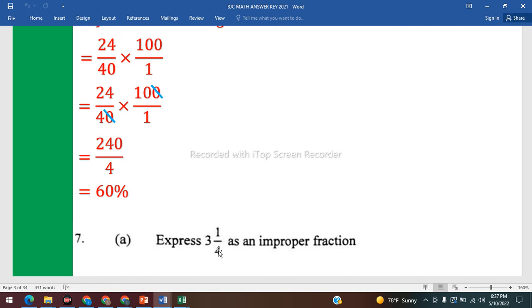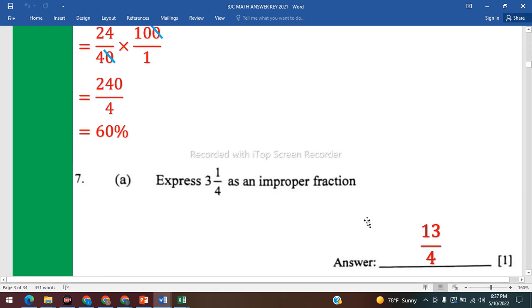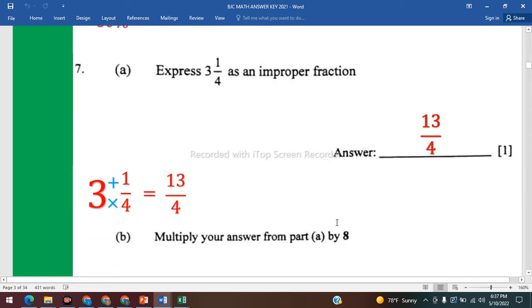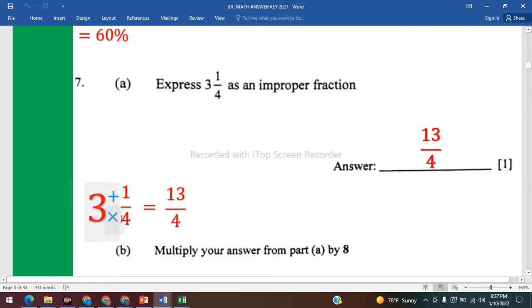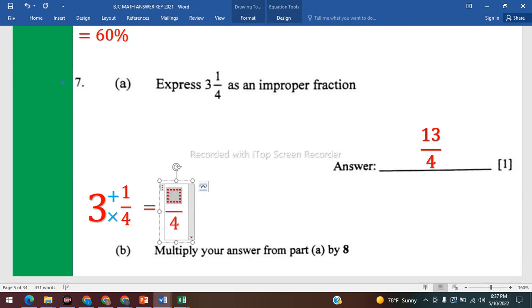All right, so this is going to be 13 over 4. All we did was multiply the 3 by the 4 to get 12, and then we add 1. So 3 times 4 is 12, plus 1.